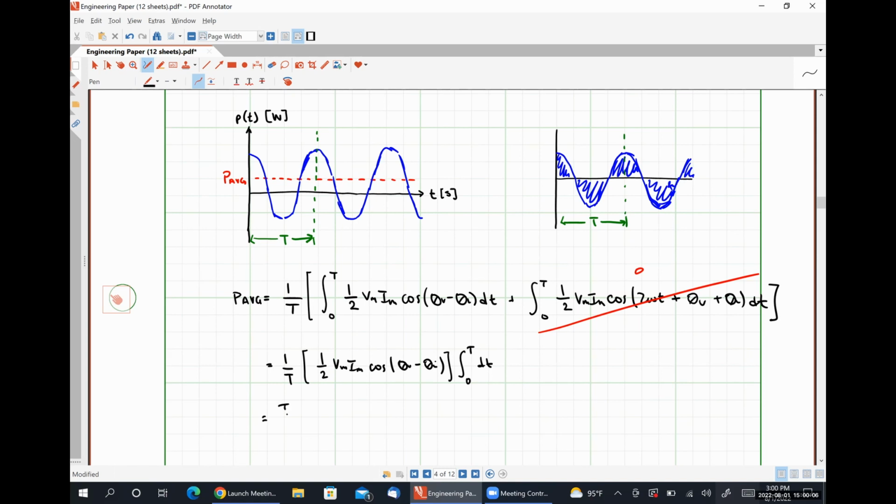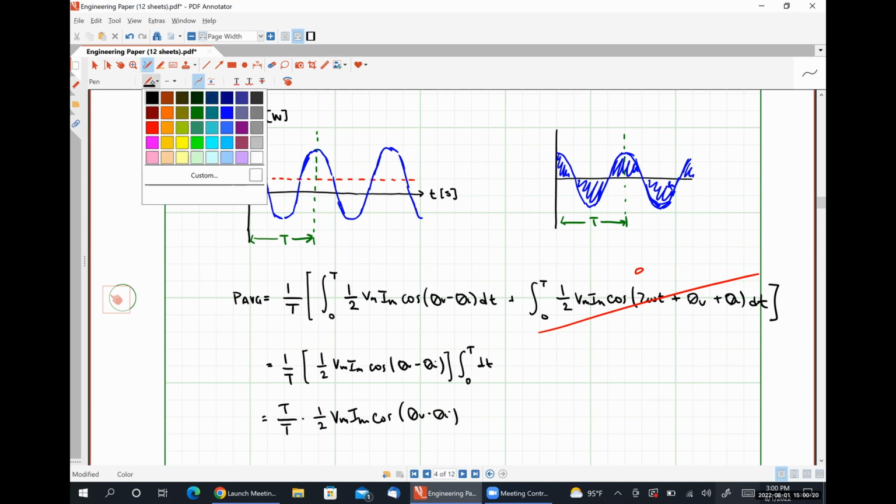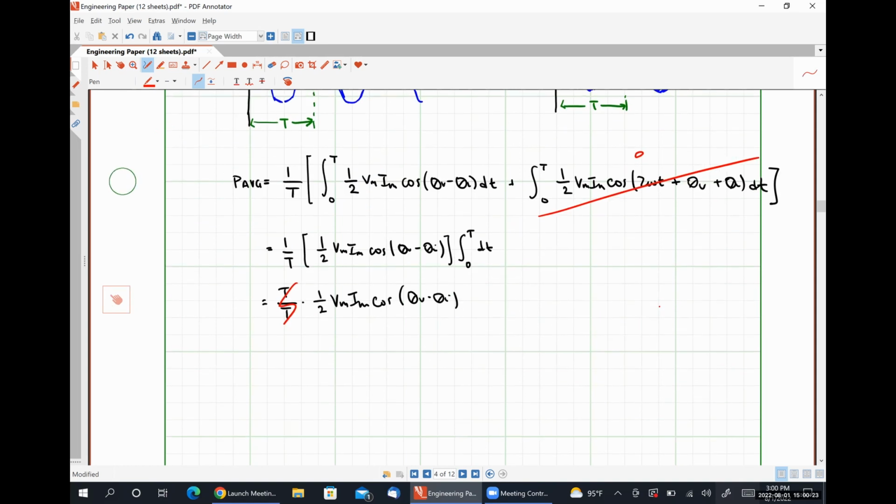So this just looks like capital T over T times 1/2 Vm Im cosine theta V minus theta I. These cancel each other out, and we're left with an average power of 1/2 Vm Im cosine theta V minus theta I. So mathematically, we get the exact same result as we got just by looking at the graphical representation of our power, and figuring out, well, half the time it's above this level, half the time it's below this level, so that level in question has to be our average power.